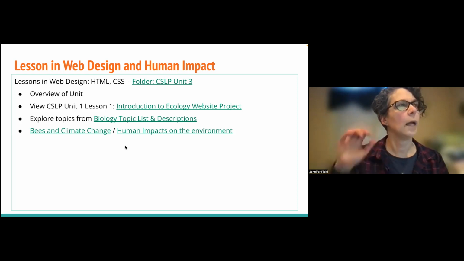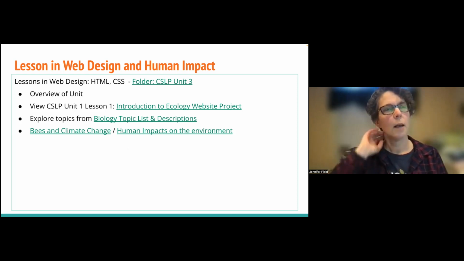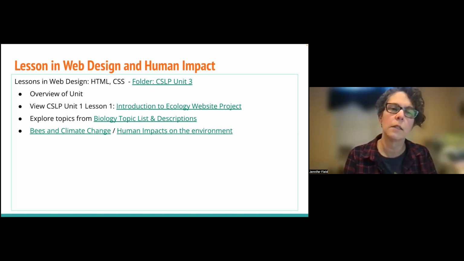So on this slide, we also have web design and human impact. Web design can be as difficult as coding for a website, and absolutely, that is not what I do. I've never done that. That's not my wheelhouse. But I do have my kids make Google Sites, and they use their school email.